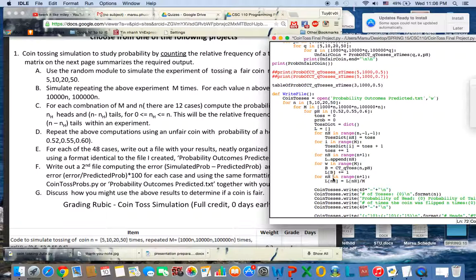For nh in range of n plus 1, so again L nh equals itself.